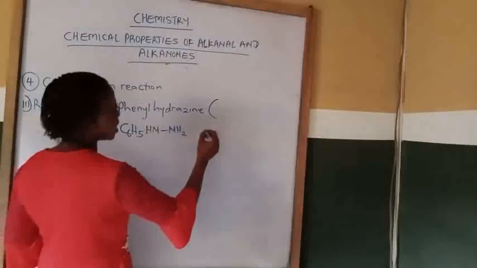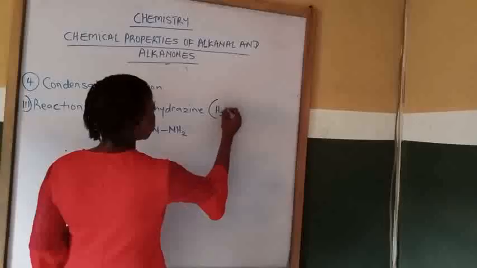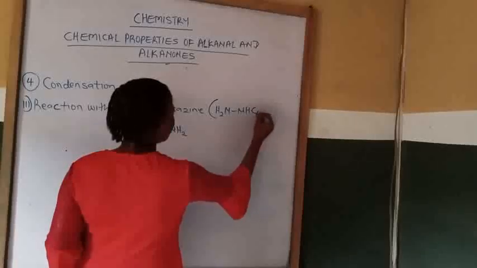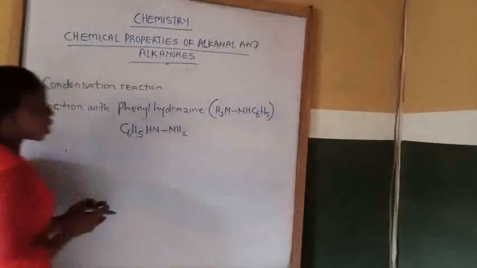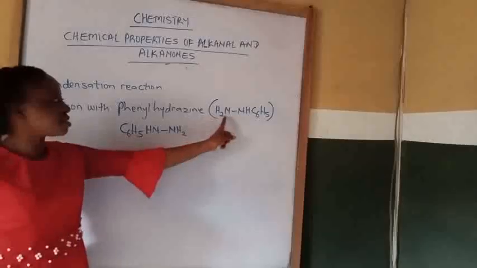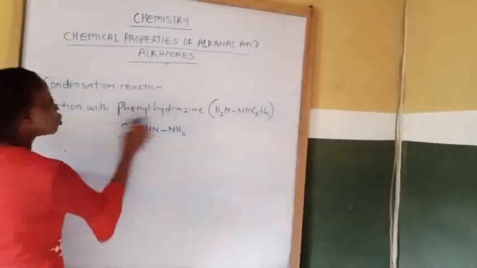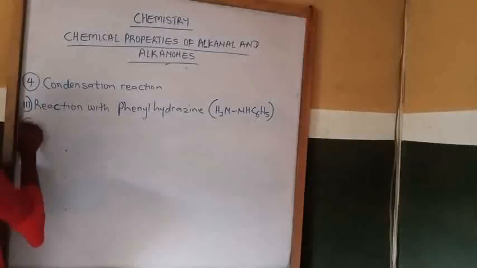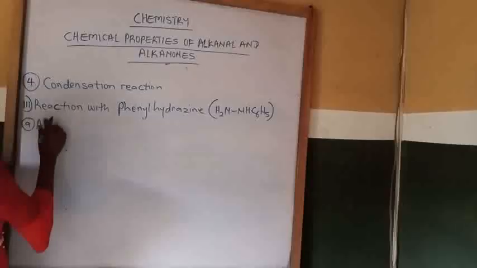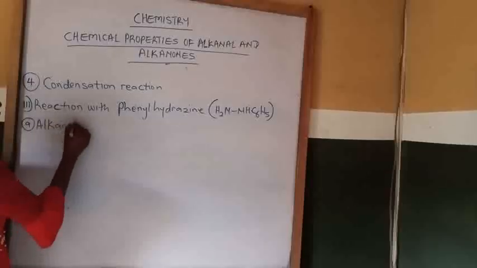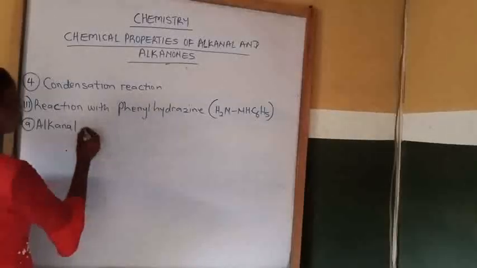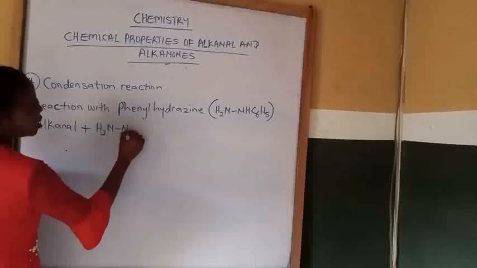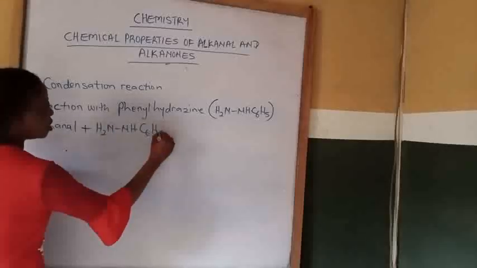Which can also be written as H2N, NH, then C6H5. So I can also write this formula in this form. So let's first take the reaction between alkanal and vinyl hydrazine, that's H2N, NH, C6H5.